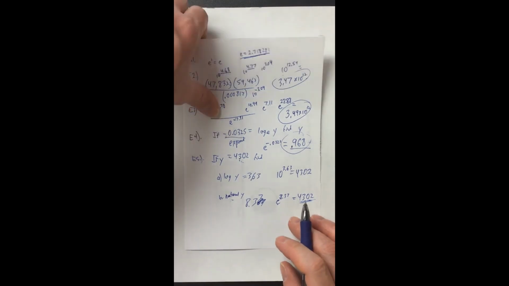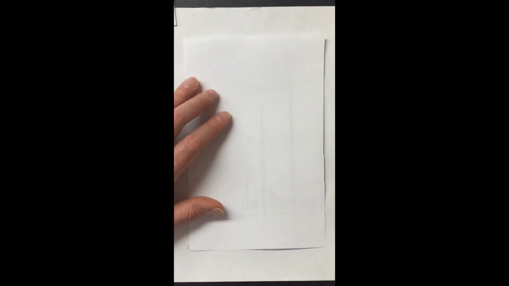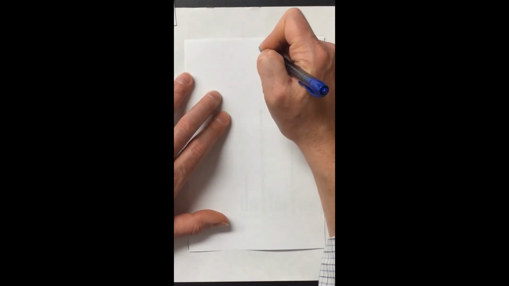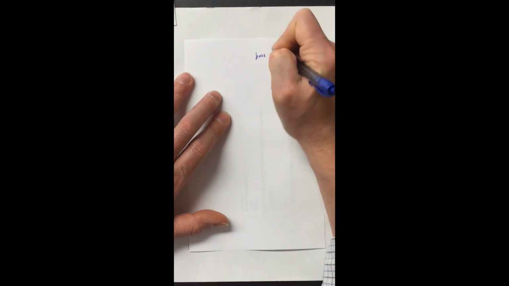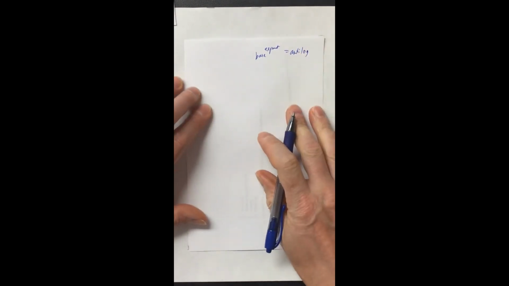Okay, the trickiest part of this is figuring out what you're trying to solve for. So let's work through the practice problems here, and let's put this up here. Remember, I've got my base, and I've got my exponent, and then I've got my anti-logarithm.